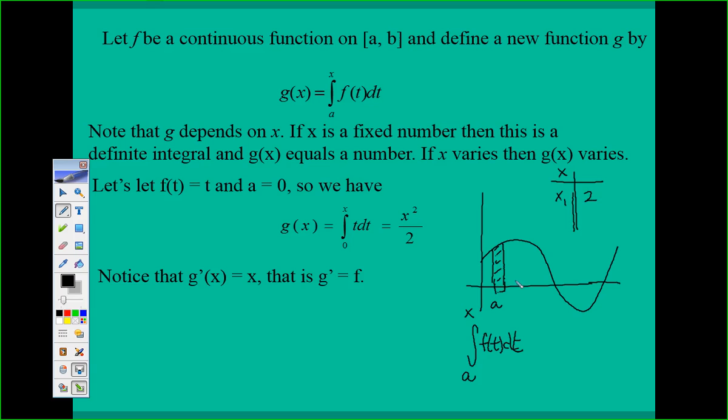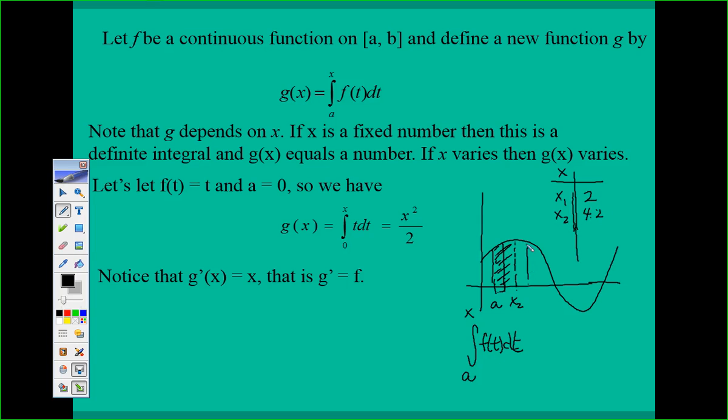Now if we plugged in another value, say x sub 2, we'd be finding this area under the curve. And we can see that value for that x sub 2 would get larger. So let's say that is 4.2.